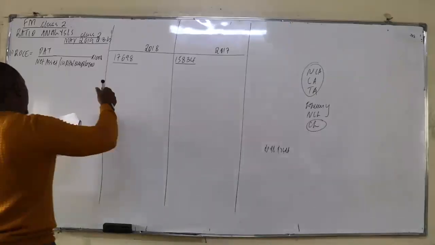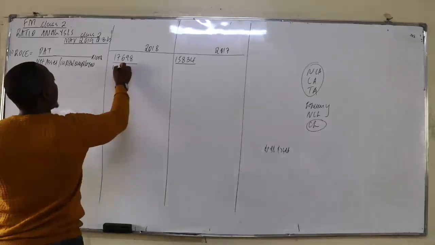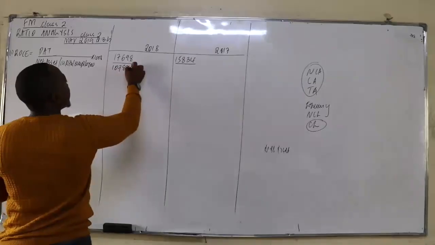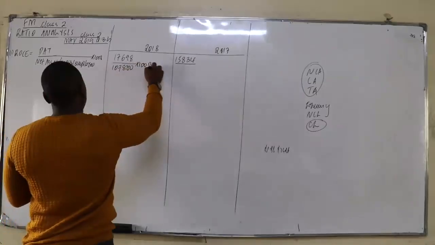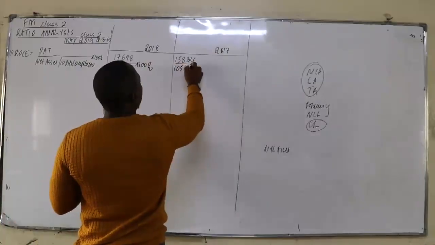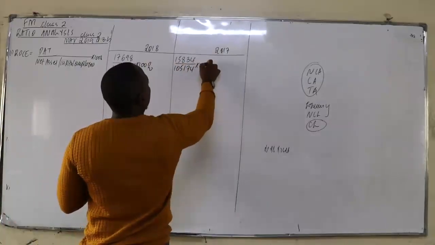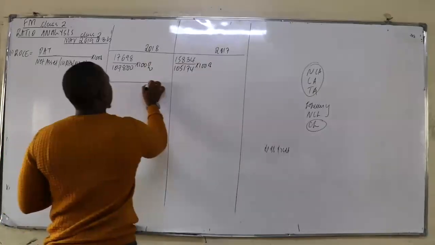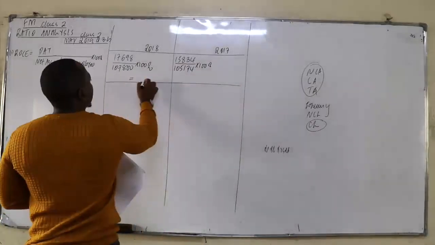So in 2018, you'll get 107,800 times 100%, and 105,174 times 100%. Now give me the answer in percentage.